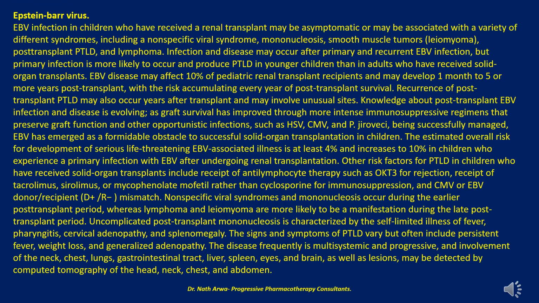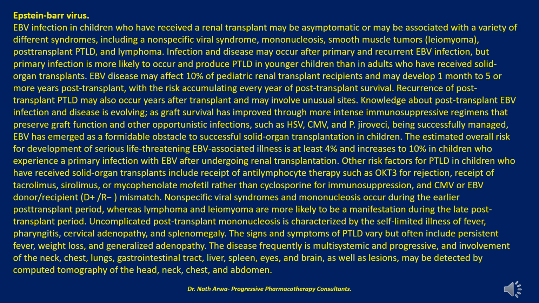We will now discuss Epstein-Barr virus. Epstein-Barr virus infection in children who have received a renal transplant may be asymptomatic or may be associated with a variety of different syndromes, including a nonspecific viral syndrome, mononucleosis, smooth muscle tumors, leiomyoma, post-transplantation lymphoproliferative disorders, and lymphoma.